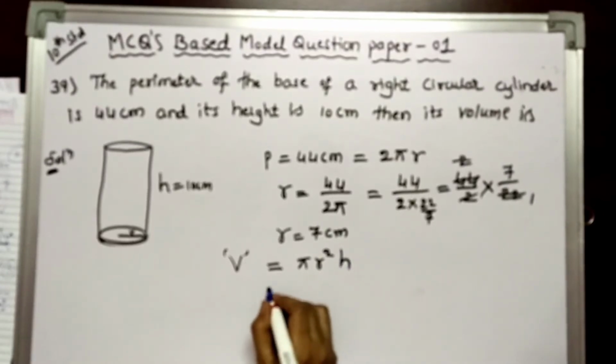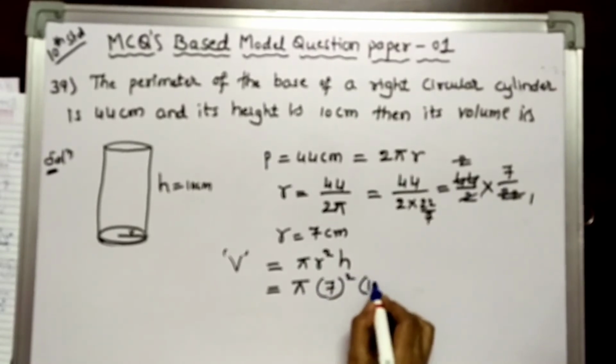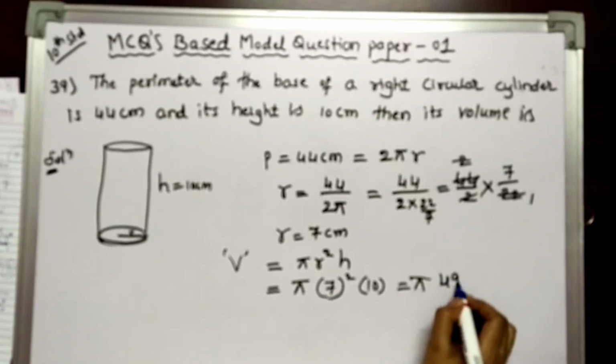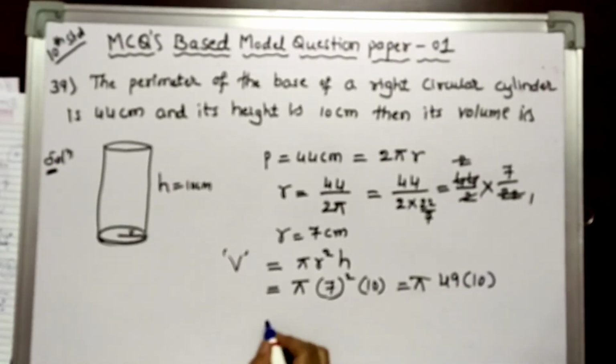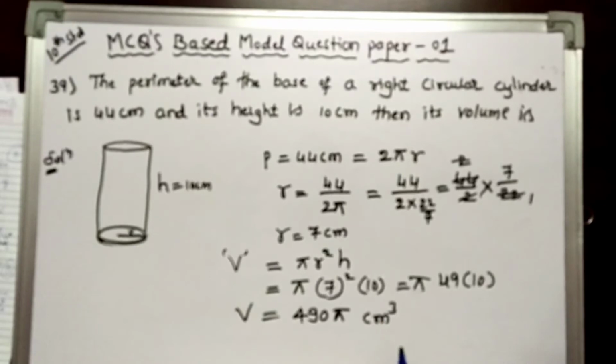It is the formula. Pi keep as it is, radius 7 square, height 10. So pi as it is, 49 into 10. So the volume is equal to 490 pi centimeter cube. Option A.